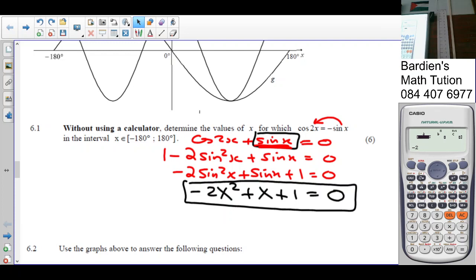Your a is negative 2, your b is 1, and your c is 1. So x is equal to 1, but what is x? Sine. So sine x is equal to 1, or sine x is equal to negative half.